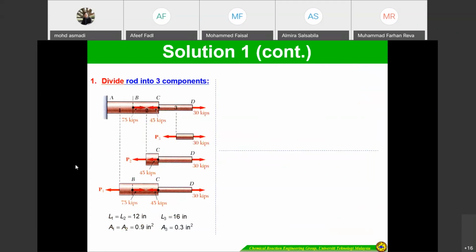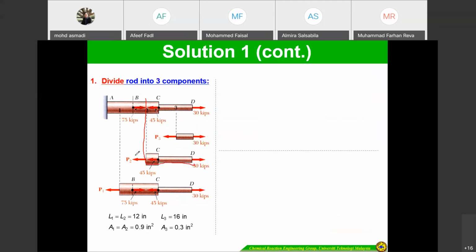First you have to draw this one, and then you have to cut within any section between point C to D. They cut just in the middle, so the arrow on the right side, and similarly this one is P3, opposite direction but same magnitude. And then second, you have to cut between point B to C in order to determine P2.